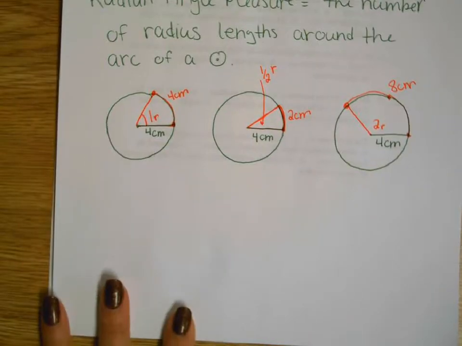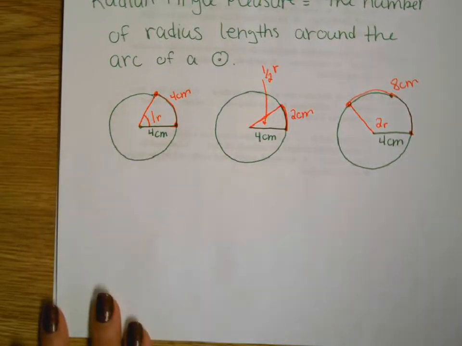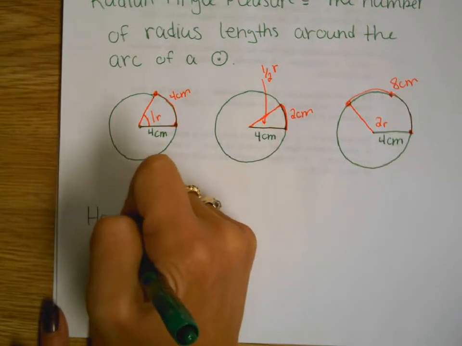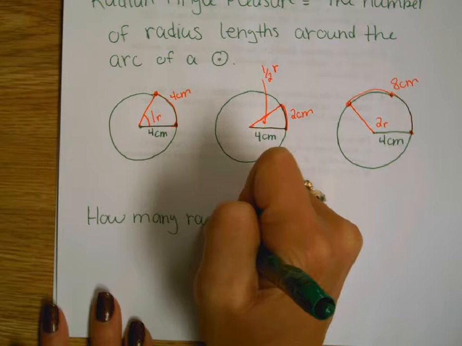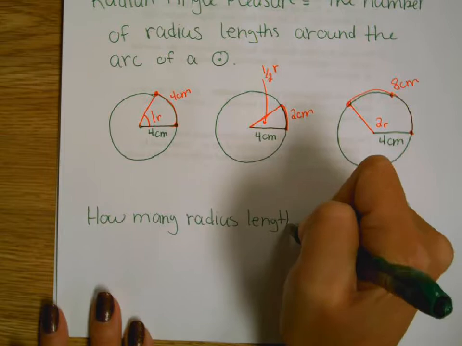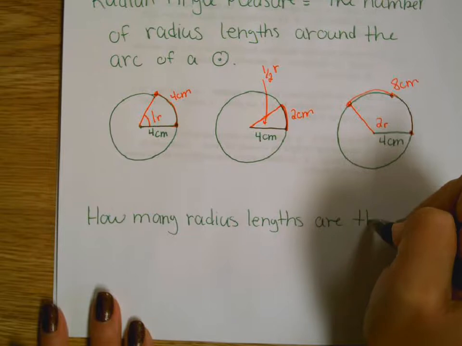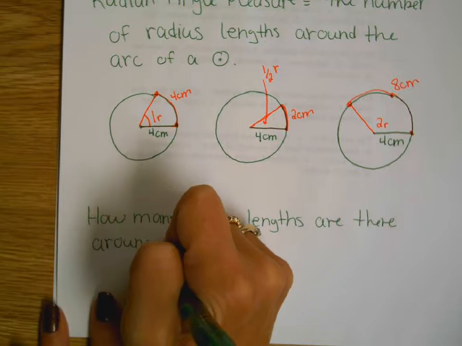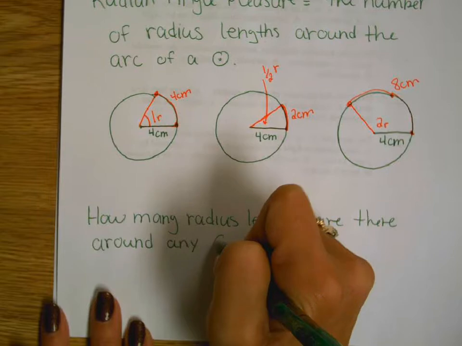All right, so my first question is, how many radius lengths are there around a full circle? How many radius lengths are there around any circle?